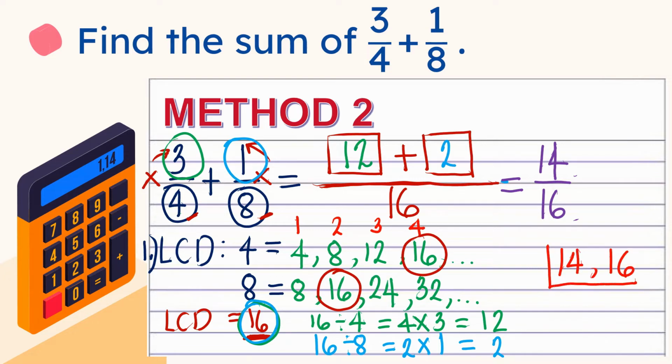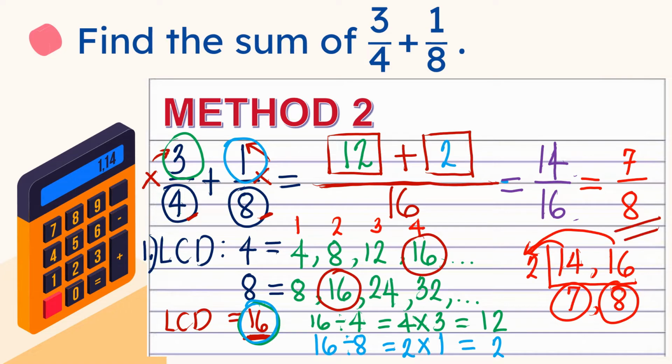Continuous method, divide by 2. 14 divided by 2, this is equal to 7. 16 divided by 2, this is equal to 8. So therefore, 14 out of 16 is equal to, in the lowest term, 7 out of 8. Okay, is that your final answer? Yes, that's your final answer.